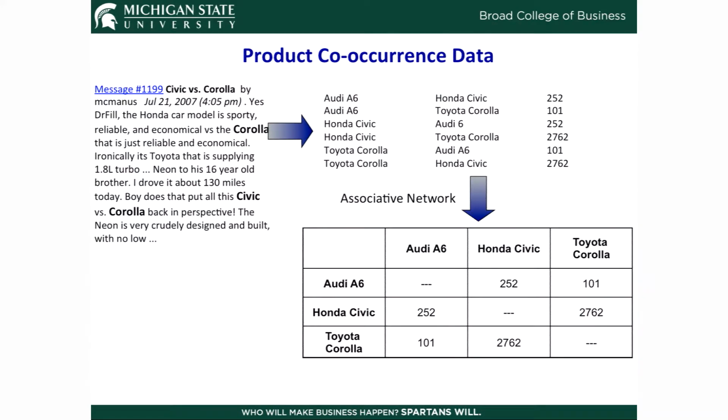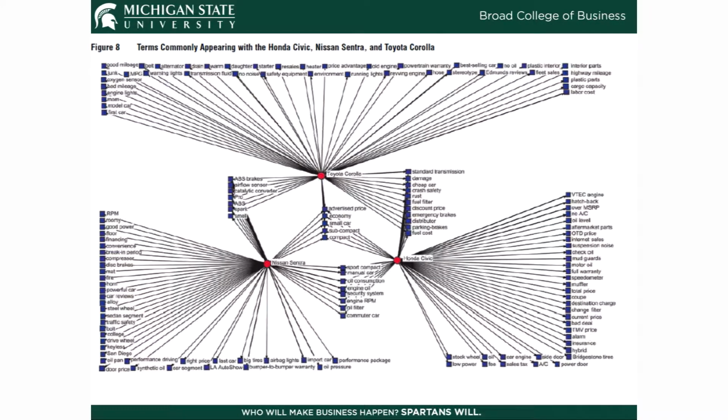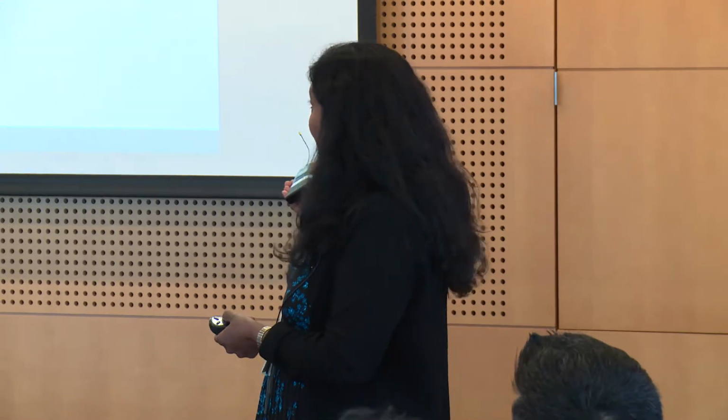Is everyone with me? So this is the brand and association product association network, correct? Which attributes are mentioned in conjunction with which brands? Everyone good? And then what do we do?